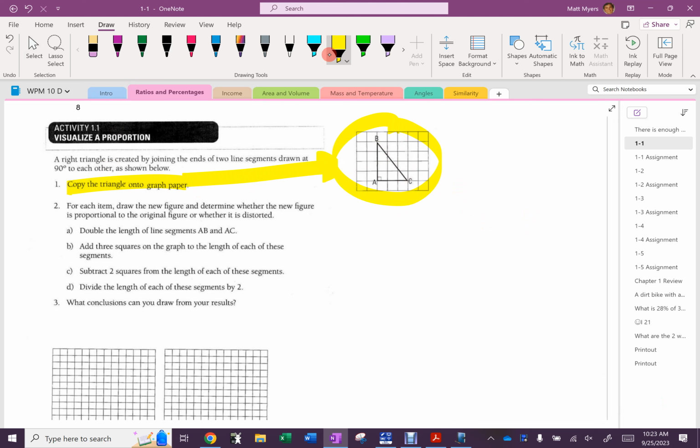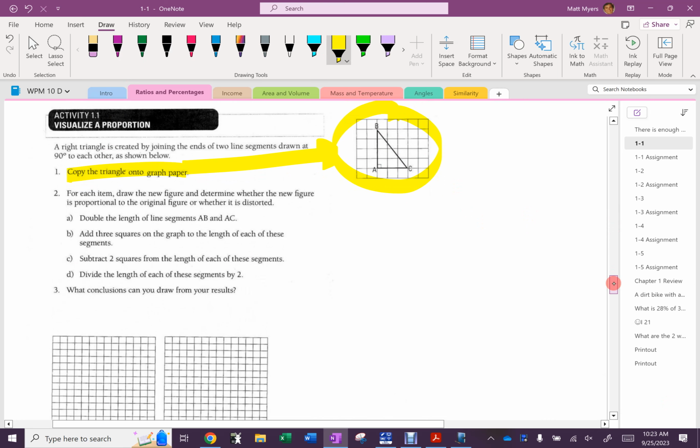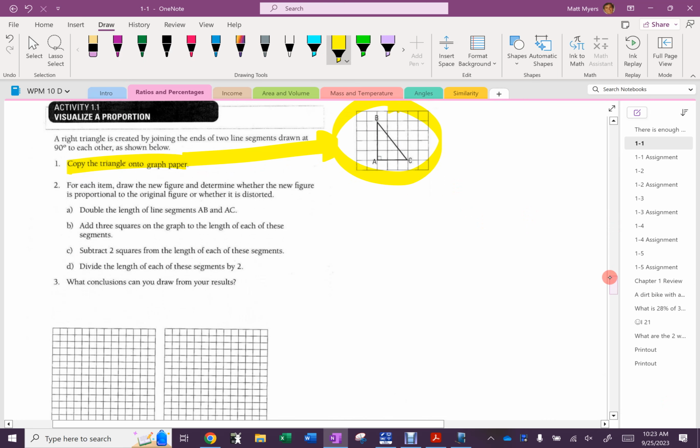Now I want you to take that triangle that you have right there and do these 4 things on these 4 graphs. Does everybody understand? Now I'm going to remind you of how this is to be read. Remember, AB is the line from A to B. All right?